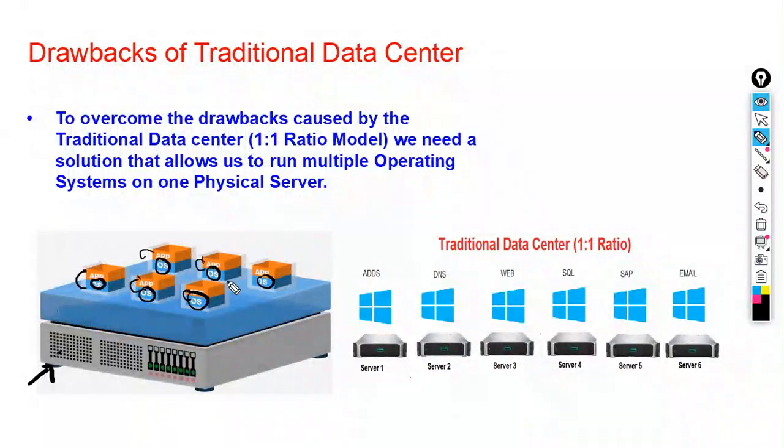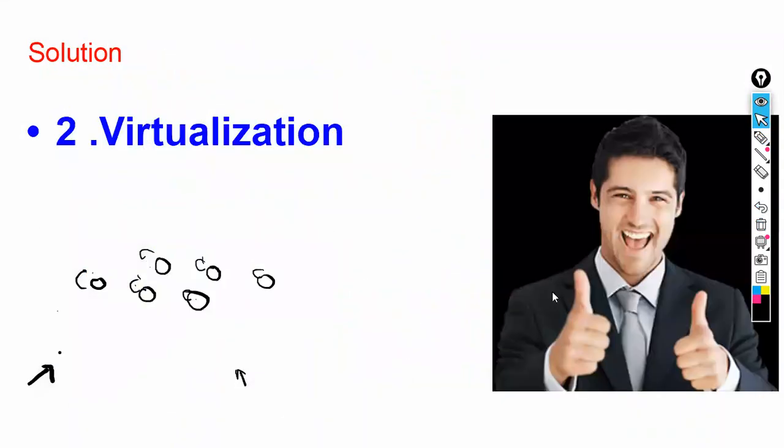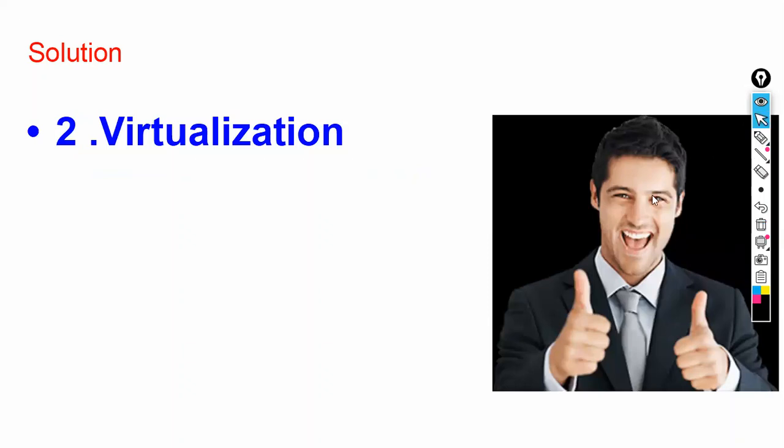If you are able to run multiple operating systems on the same physical server, it will provide a separate operating system to each application, and it will utilize the resources as well. So what is the solution? The solution is virtualization.